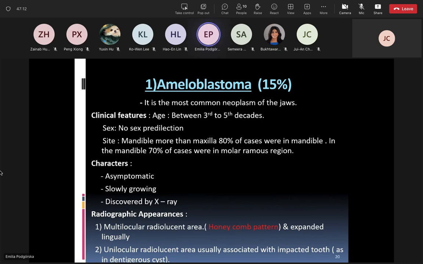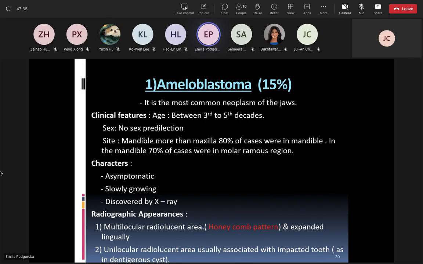Ameloblastoma, 15%. This is the most common neoplasm of the jaw. Clinical features: age between the 4th and 5th decades, no sex predilection, mandible more than maxilla, with 80% of cases in the mandible. In the mandible, 70% of cases are in the molar region.